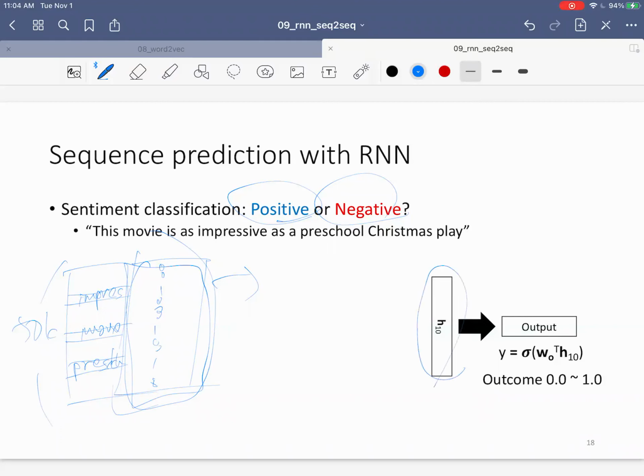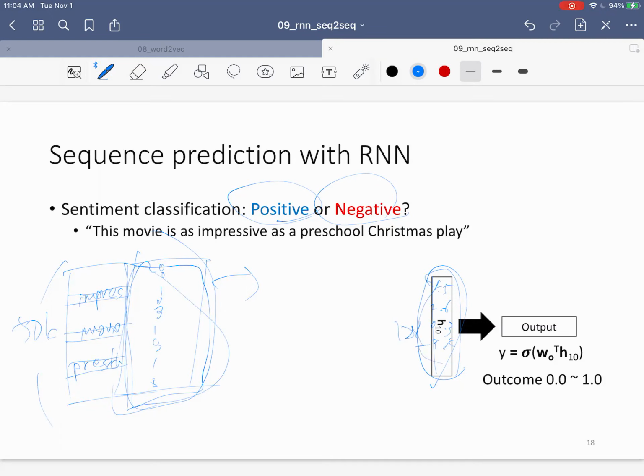But now this continuous value, the H10, is kind of uninterpretable because it consists of a lot of unintelligible numbers, like negative 1.5, 2.6, 0.3, negative 5.4, something like that. Numbers that are determined by WH and WI and the bias B. But it is way more compact, because this used to be a 50,000 dimensional vector, and now this is a 128 dimensional vector.